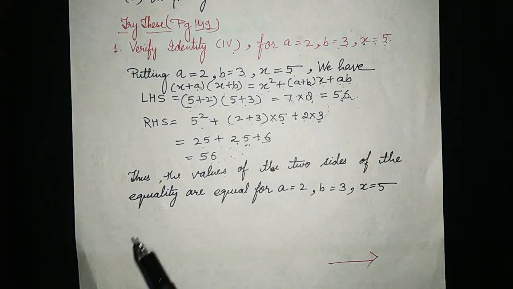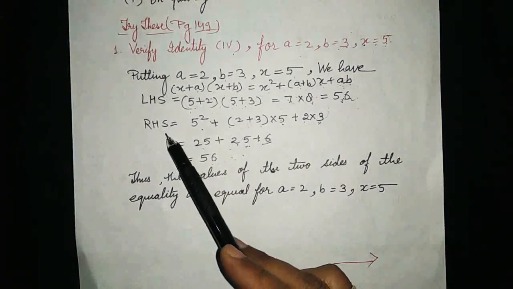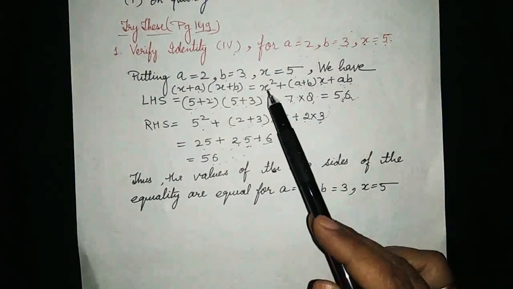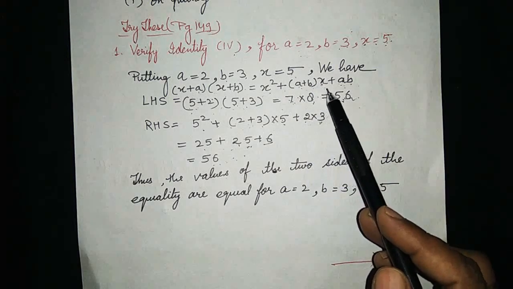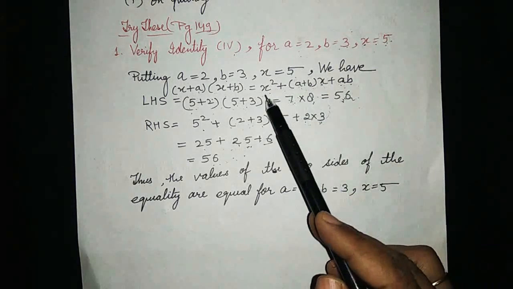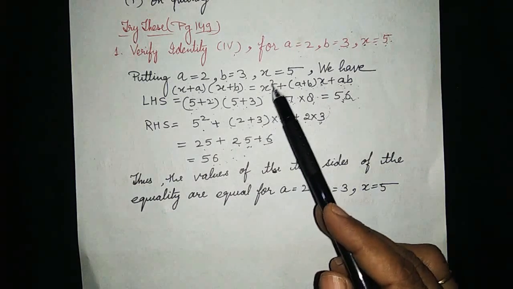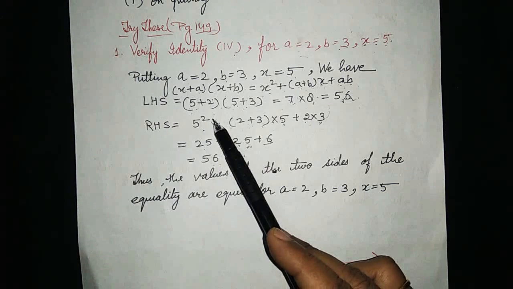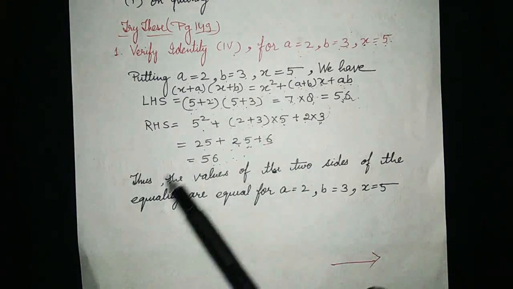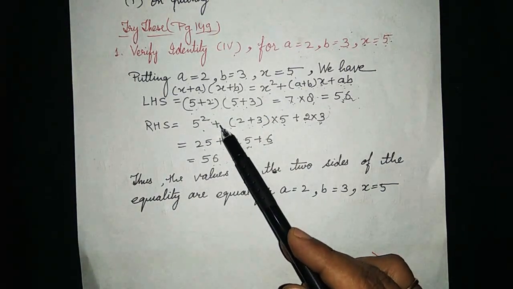Now we will solve right hand side, and right hand side of the identity is x square plus (a plus b) whole multiplied by x plus ab. Now here for this x we will write 5, and here we will get 5 square for this x square. Now plus sign.